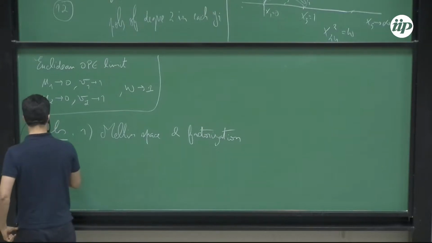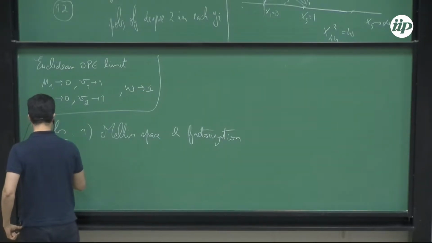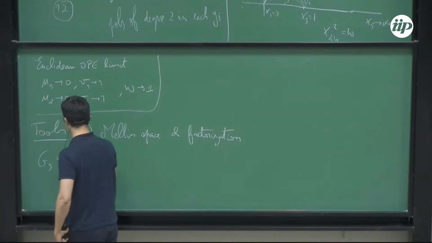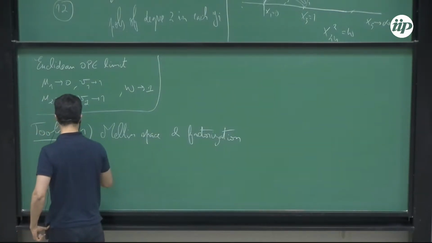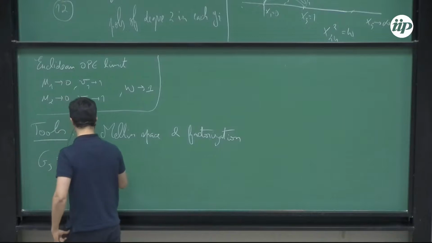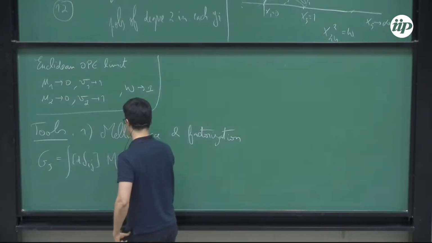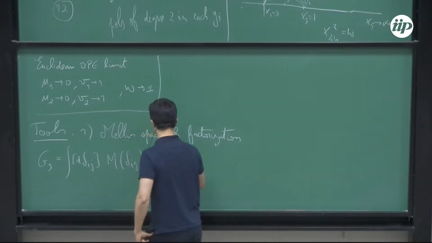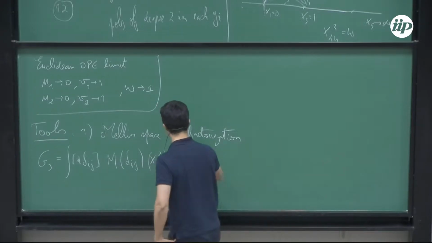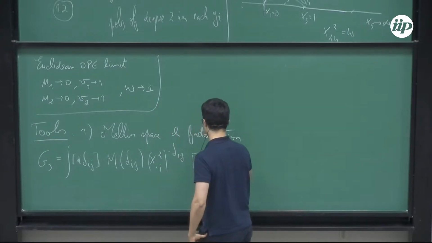Basically this correlator G5 is going to be an integral over a set of d delta ij, of some Mellin amplitude that depends on these new variables delta ij, times x ij squared to the minus delta ij. And then we put here our gamma functions.